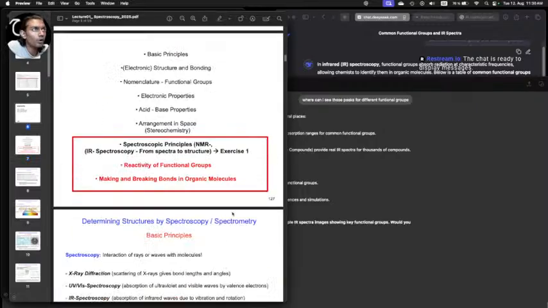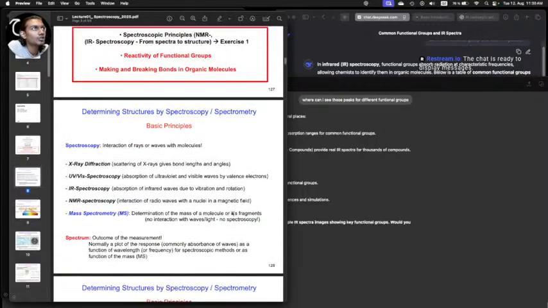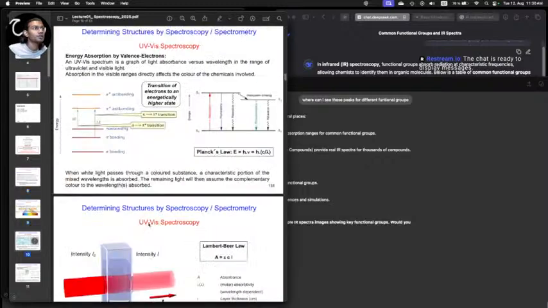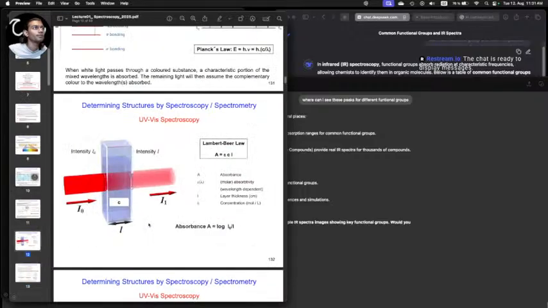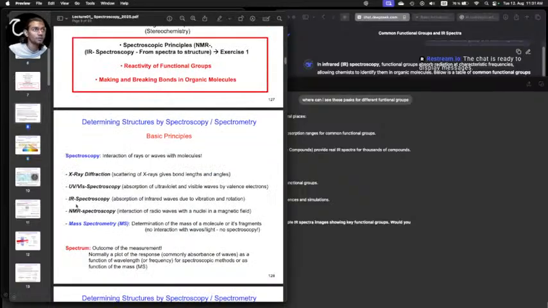Determining the structures by spectroscopy: X-ray diffraction, UV-Vis spectroscopy, IR spectroscopy, mass spectroscopy. Okay, let's first look into the IR spectroscopy.